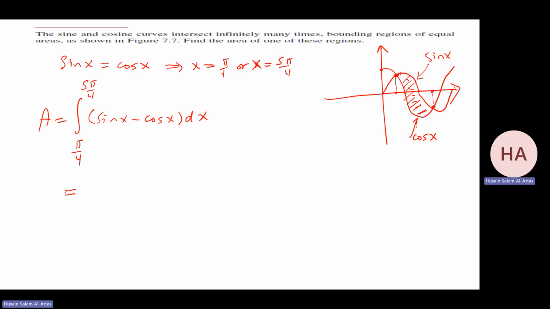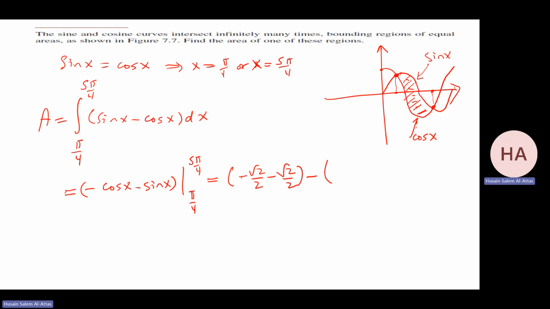Integral of sine is minus cosine. This is minus sine, from pi over 4 to 5 pi over 4. Now we need to be careful with the calculation. 5 pi over 4 is in the third quadrant, so it will be minus square root 2 over 2, and the same thing with the sine. Now minus with pi over 4.